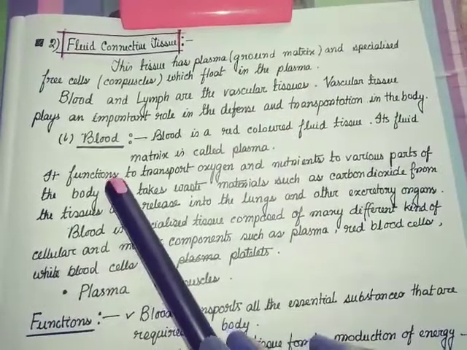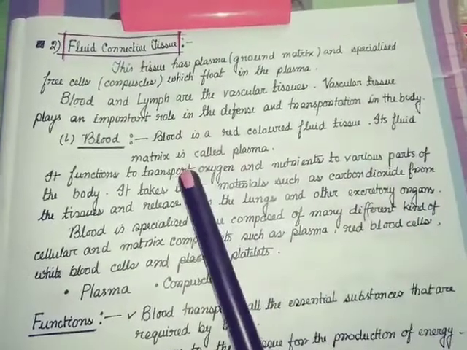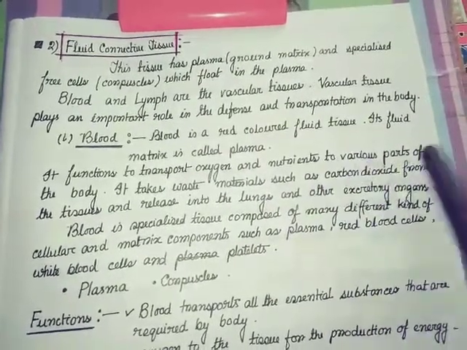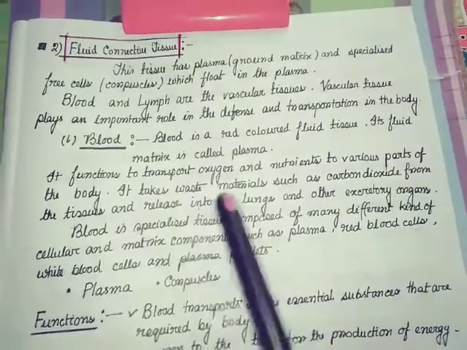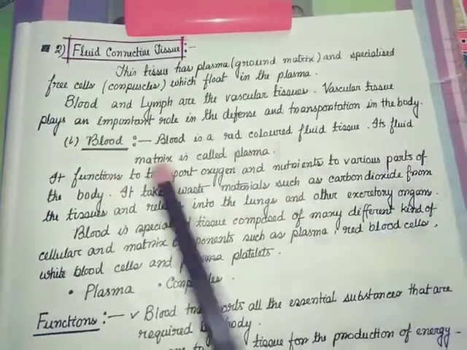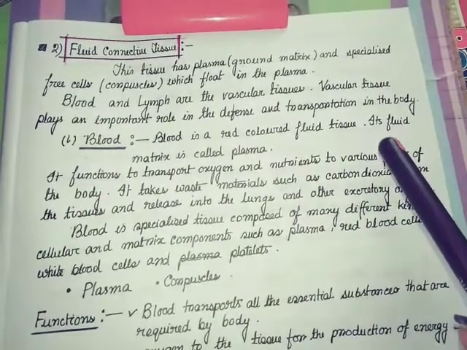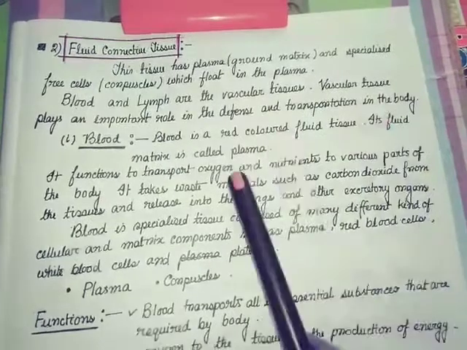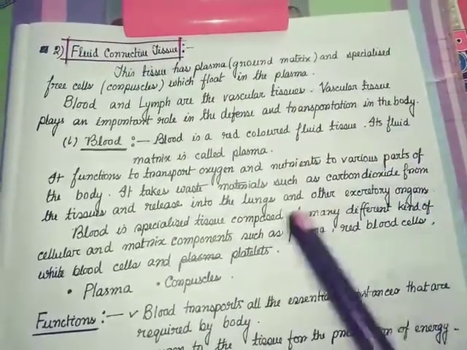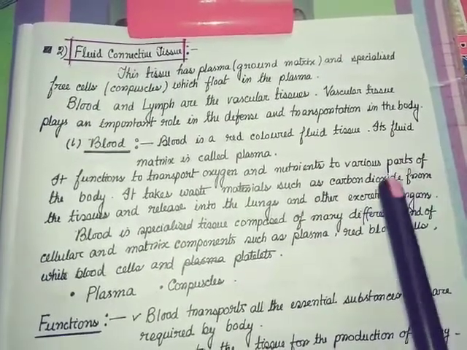What is its function? Basically two functions are given here. The main function, first one, it transports the oxygen and the nutrients to various parts of the body, means in each cell it is transporting the oxygen and nutrient, and with the help of the nutrient, after the metabolic processes in each cell, the excretory products are also forming.